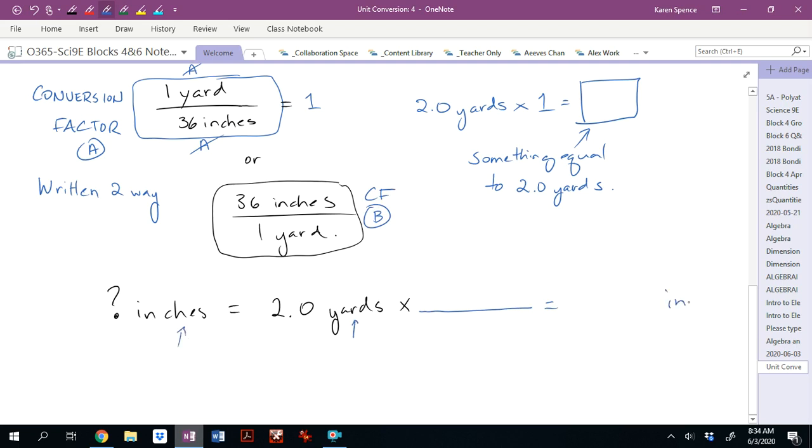So over here I want to have inches. And you'll notice that I've written a line here. That's not just a blank, that's a division line, so I can write one of my two conversion factors. Where would I like to have yards so it will cancel out?